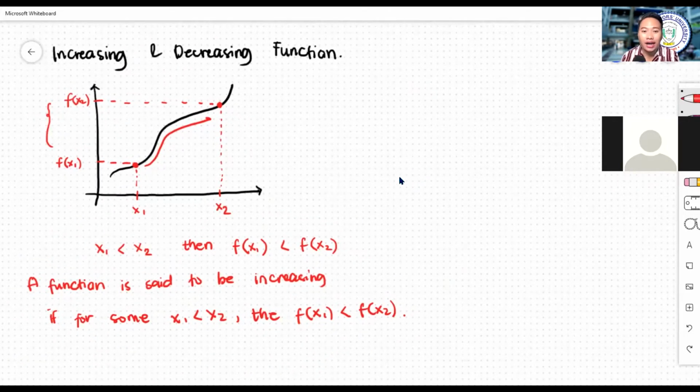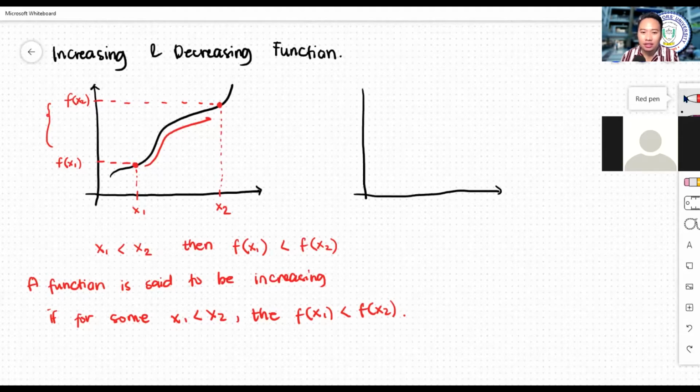So let's work on doing the decreasing function. Let me draw an illustration first before we make a definition. Sorry. So it's going to be something like this. And then, again, for us to be able to define explicitly, we need to choose a specific element.